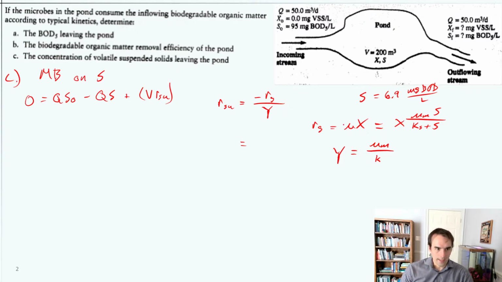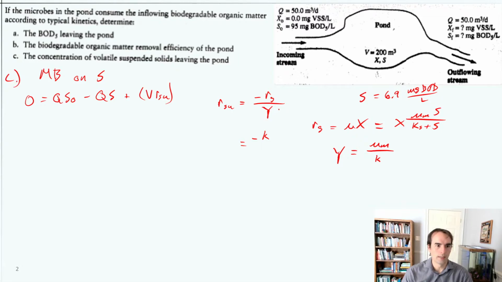So with that, if we divide R of G by Y, then we'll see that the mu max is removed and we'll be left with a k on top. So we can write this R sub SU as negative k, because that k is going to come to the top.